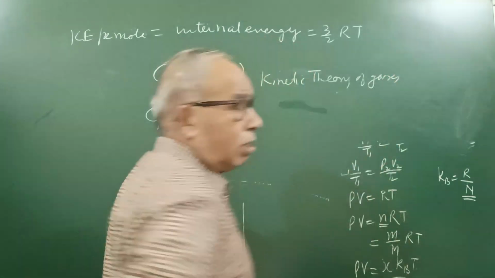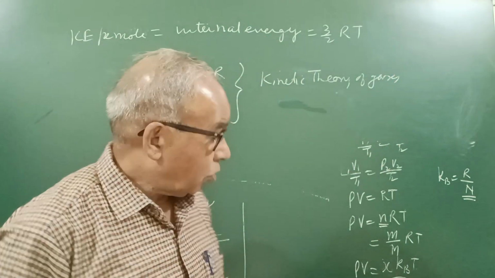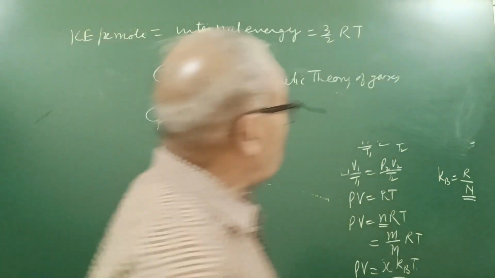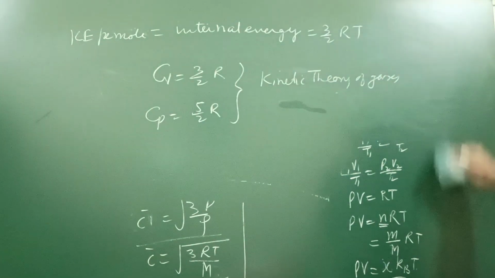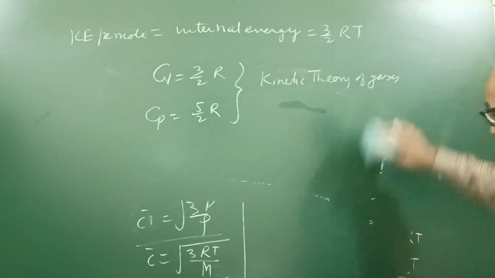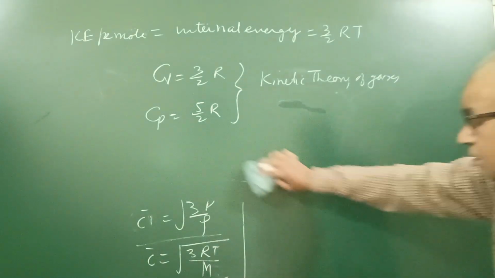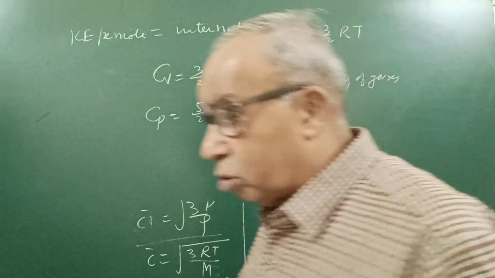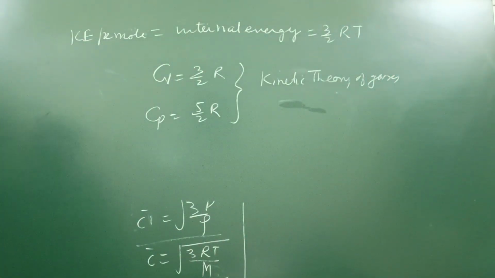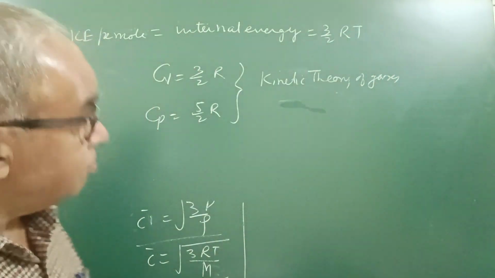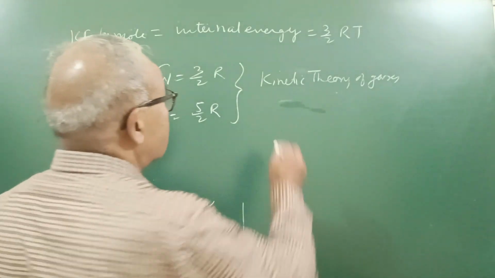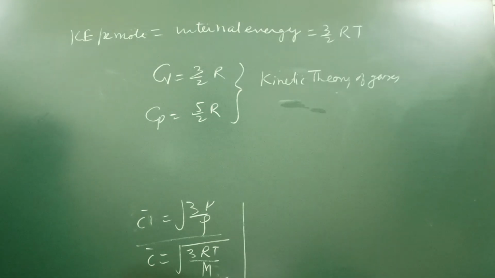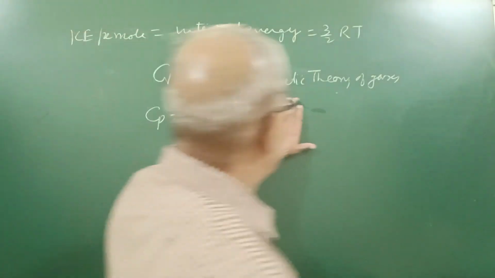Dear student, you might be thinking this job is very simple for me. No, I am studying for the last 5 years the whole physics which I have taught throughout my life again and again, and I am finding so many things are not interpreted correctly by different authors.